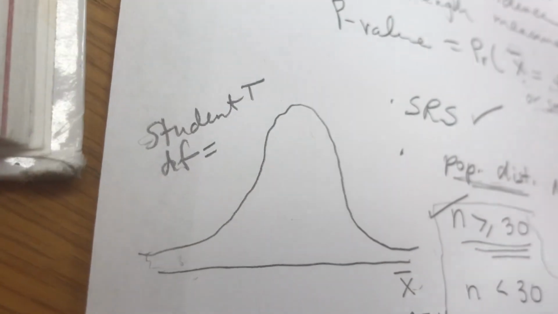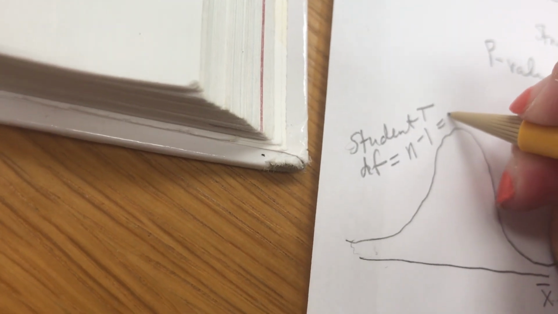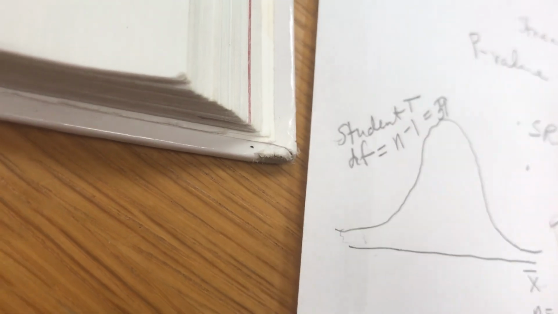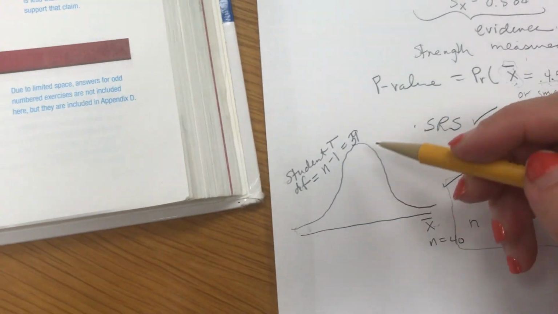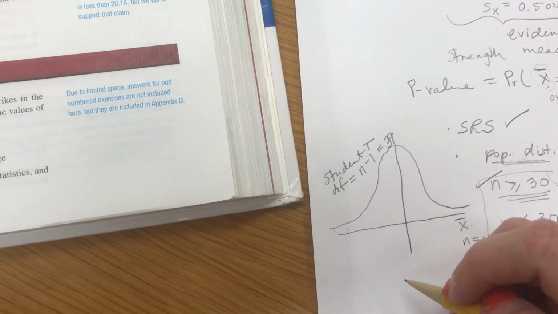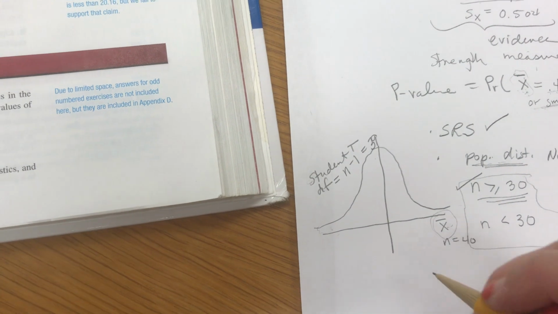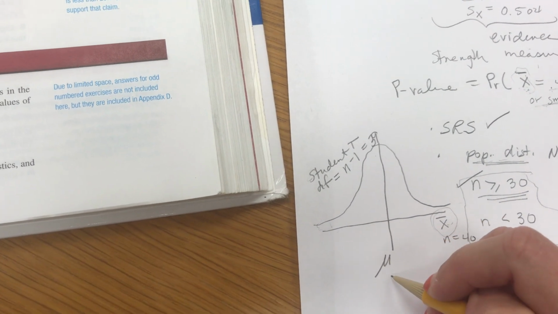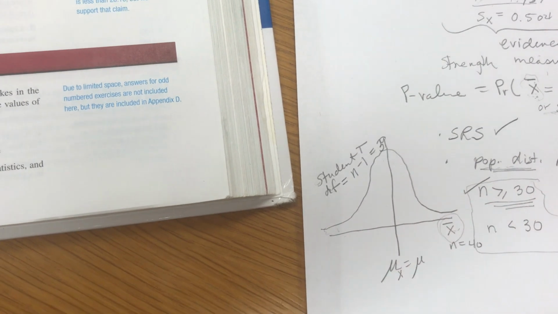It's 1 less than the sample size. So sample size minus 1. In this case, sample size is 40, so I have degrees of freedom 39. That's the shape. I always do shape. I always put center. The X bar, our sample mean, is an unbiased estimator of the true population mean.